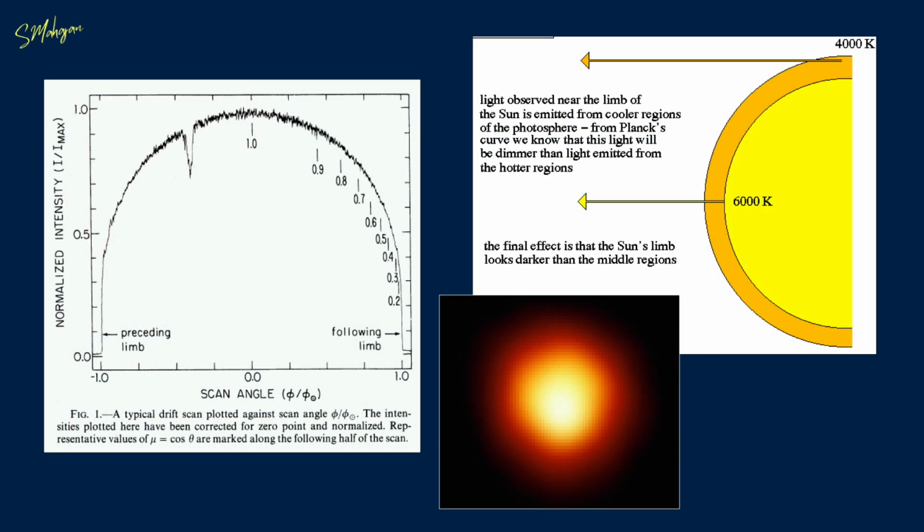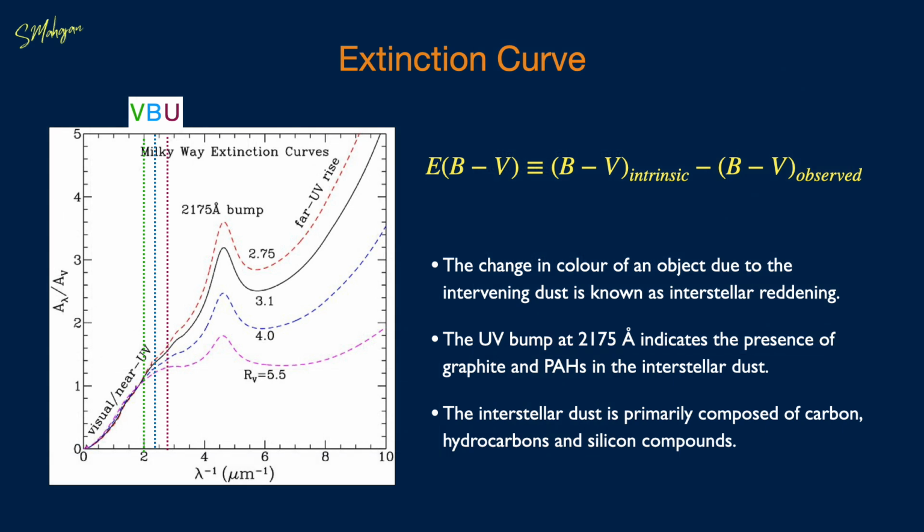The amount of limb darkening allows astronomers to determine the temperature distribution in the sun. It could also tell us a lot about the properties of the stellar atmosphere if we could see it, for example, during a solar eclipse. This brings us to the key point that when we measure the color of an object, say B minus V, it must be corrected for interstellar extinction.